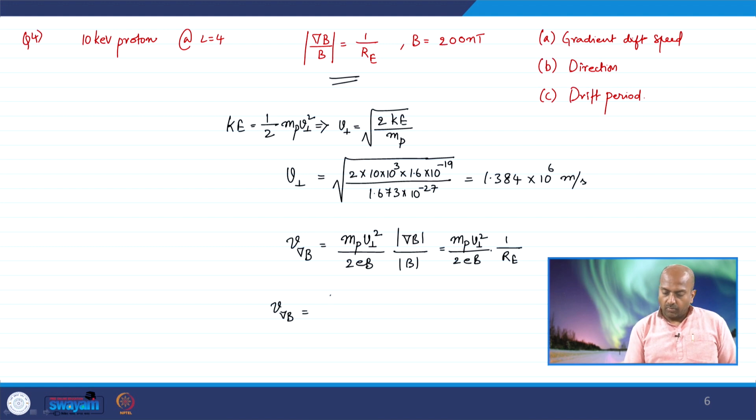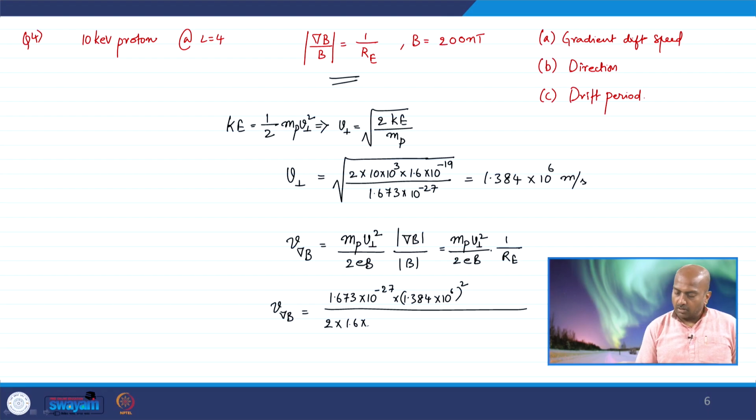So, mass of proton 1.673 × 10^-27, v perpendicular 1.384 × 10^6 squared, divided by 2 times the charge of 1.6 × 10^-19 coulombs. The magnetic field is given to be 200 × 10^-9 Tesla, times R_E, 6371 × 10^3.